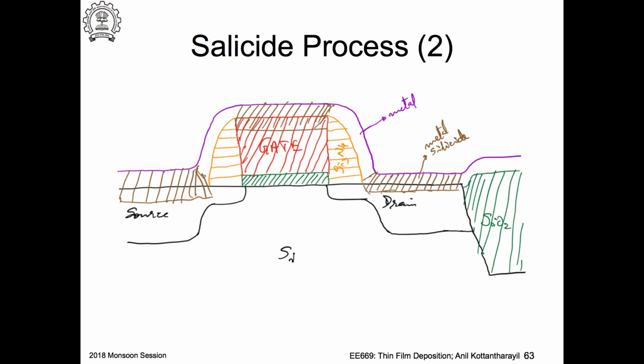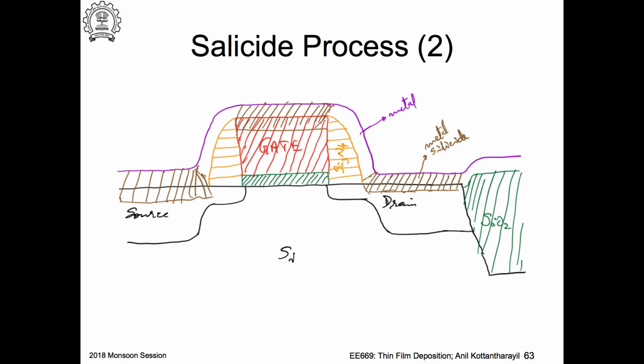That would be my source, gate and drain, and the metal can be etched from everywhere. So I'll etch this unreacted metal, and I'm left with silicide here, here and here. This is called a salicide process.